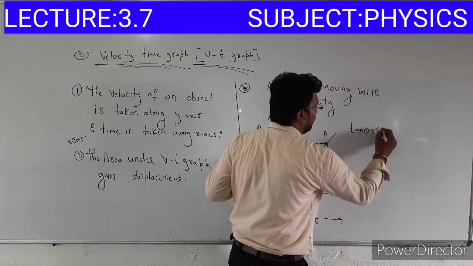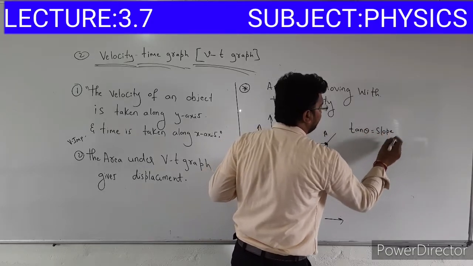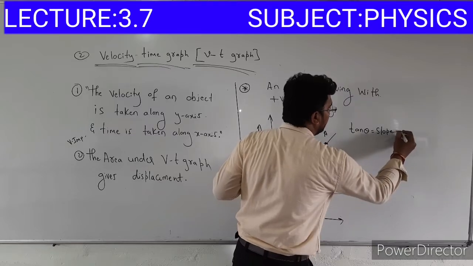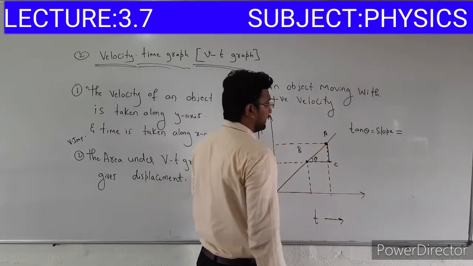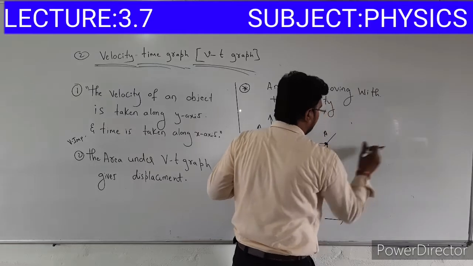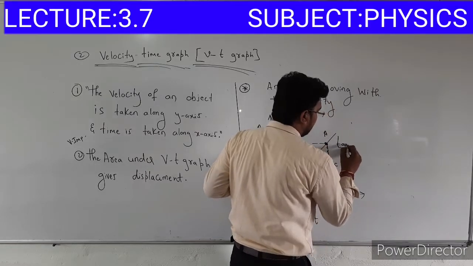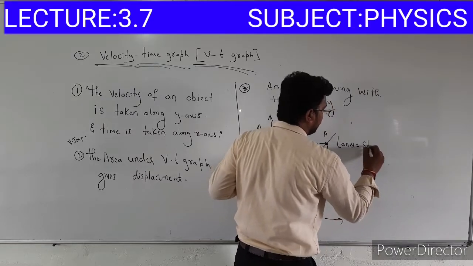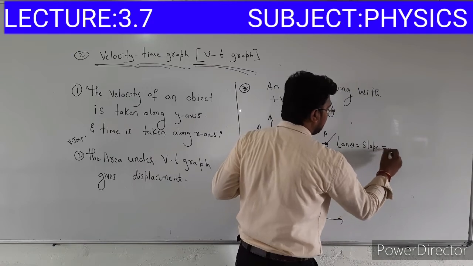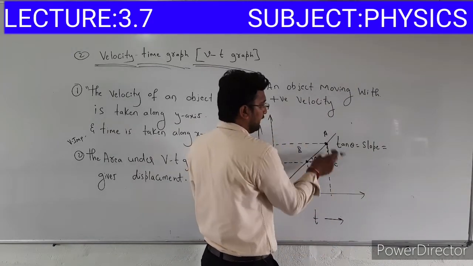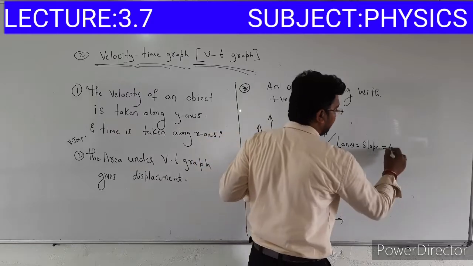Tan theta is equal to the slope, and the slope is AC divided by BC.